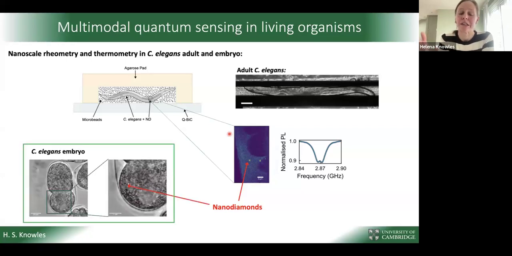And then if you get it into the right part of the worm at the right stage of the worm cycle, you can also introduce these diamond nanocrystals into the C. elegans embryos. And now this is really interesting from the developmental perspective that I mentioned right at the beginning of this talk, where we can look at how viscoelastic changes affect how the organism actually develops.